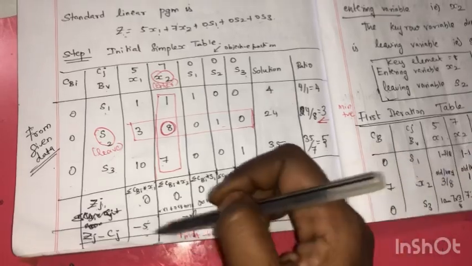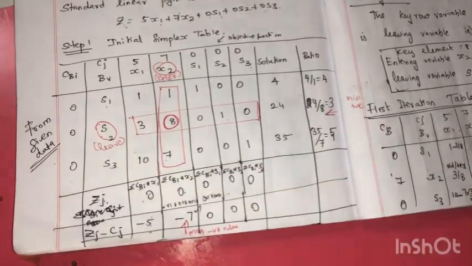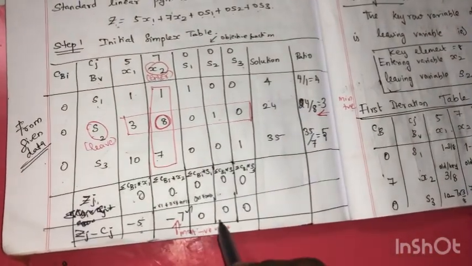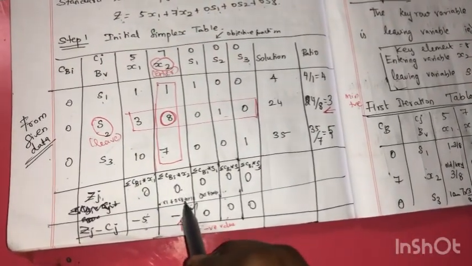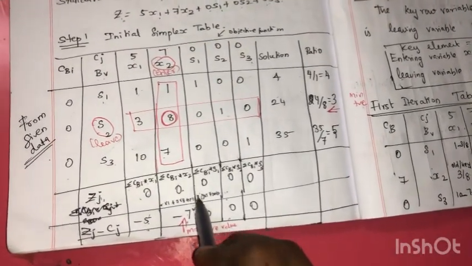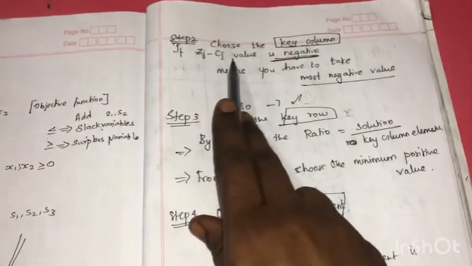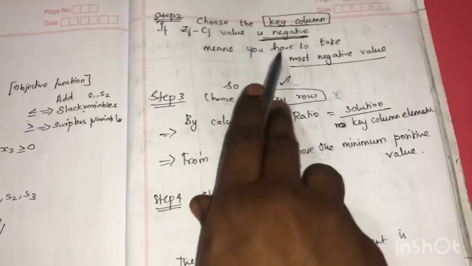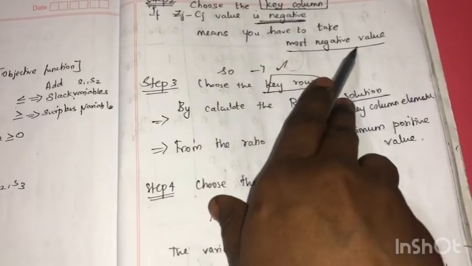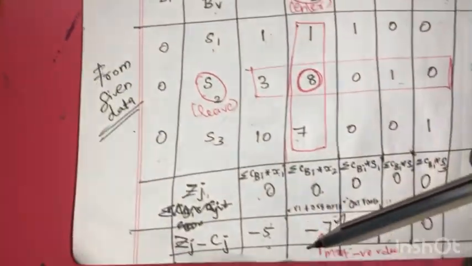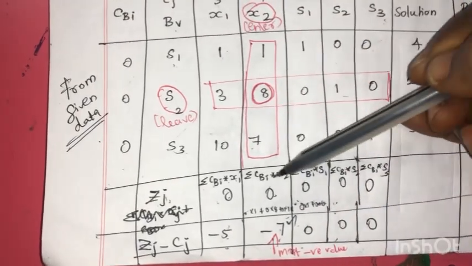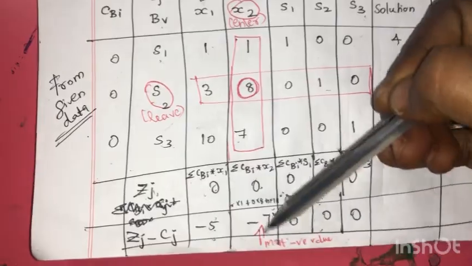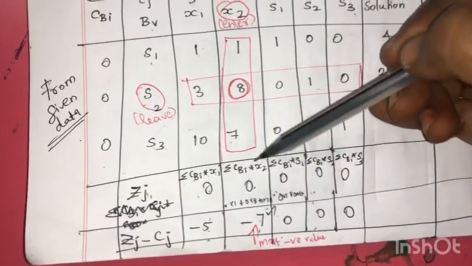From this, you have to choose the most negative value for the key column. Here the most negative value is minus 7, so consider this as the key column.